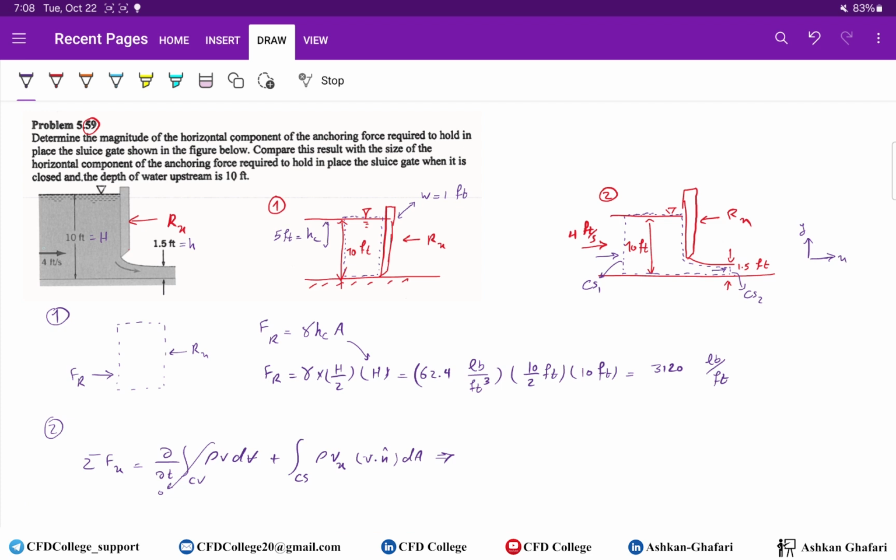You know we have this inflow, so let me erase this and also this one.